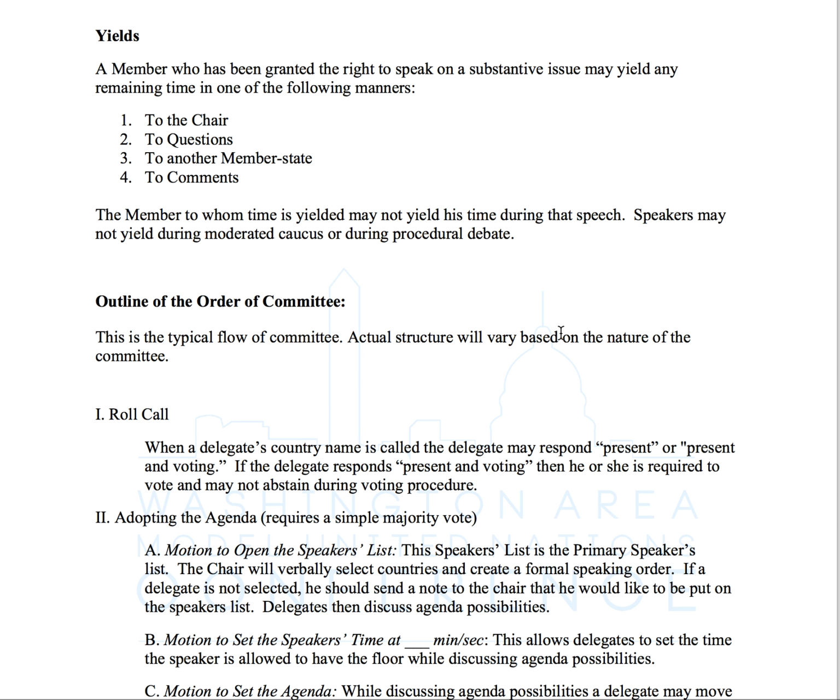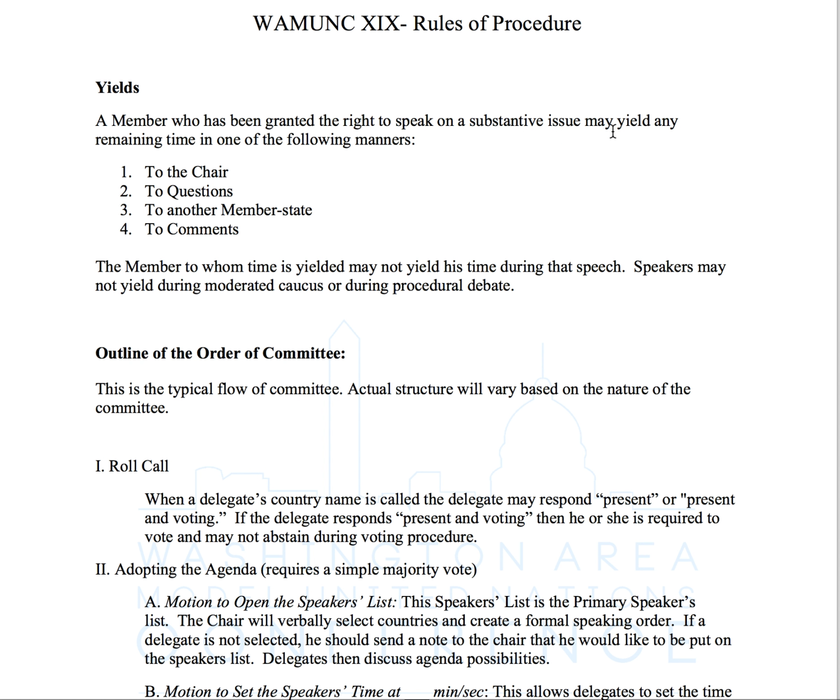So this is the whole yielding thing. If you have the right to speak on an issue for some time and you finish before time is called, you can yield your time to the chair, in which case the time is just gone. You can yield your time to questions, meaning that other people can ask you questions. You can yield it to another member state. So let's say you're talking about an issue and you want some other member state to back you up, and you finish early.